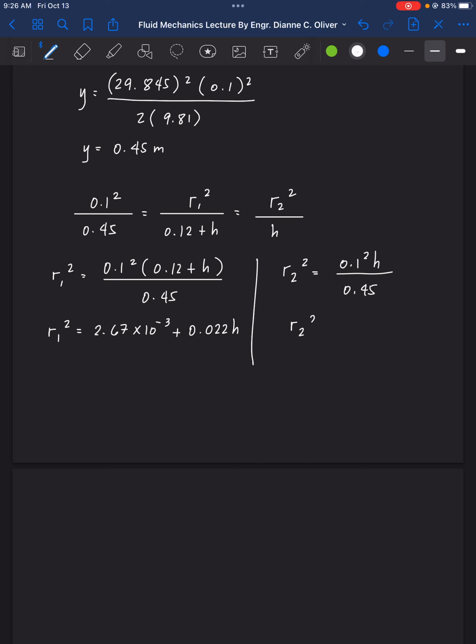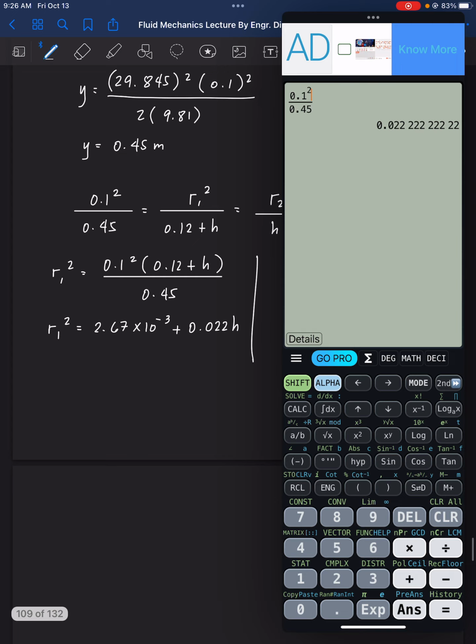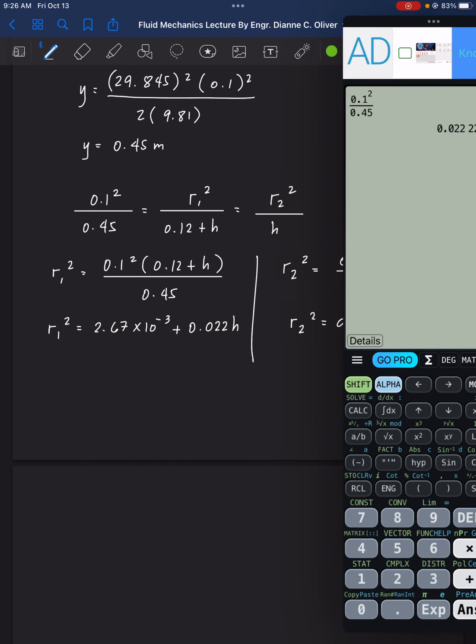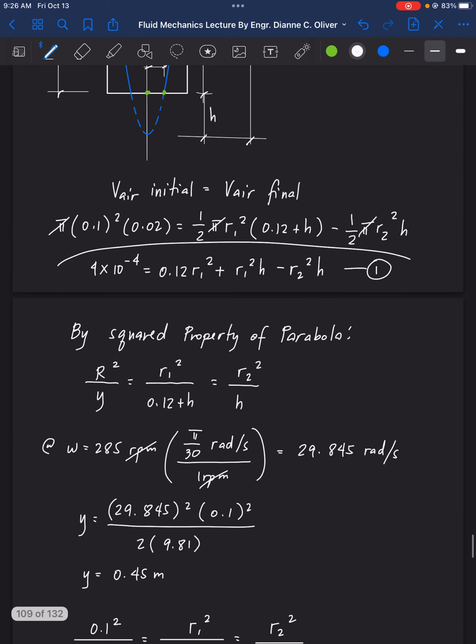So R2 squared is equal to 0.022 h. These are then substituted to equation 1. So this is our first equation.